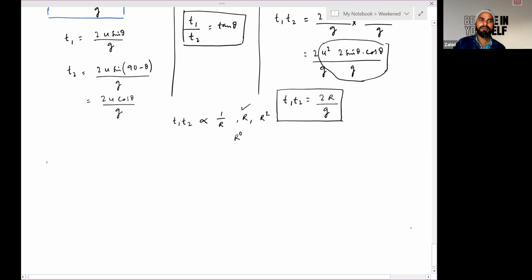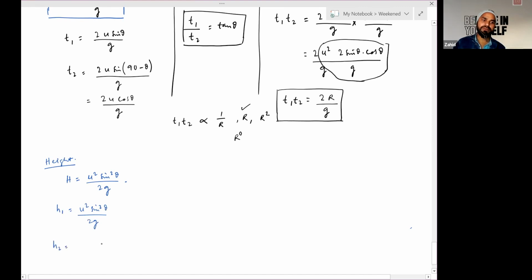Now the next term is height, as height equals u square sin square theta divided by 2 times gravity. So let's say h1 for this theta, it will be u square sin square theta divided by 2g.